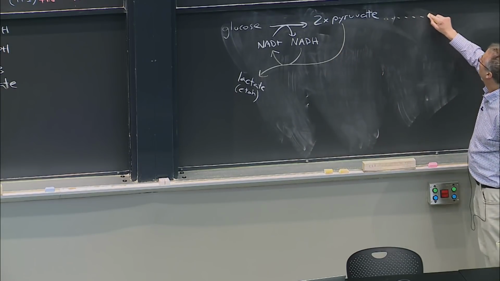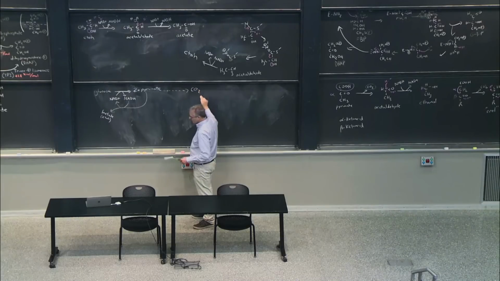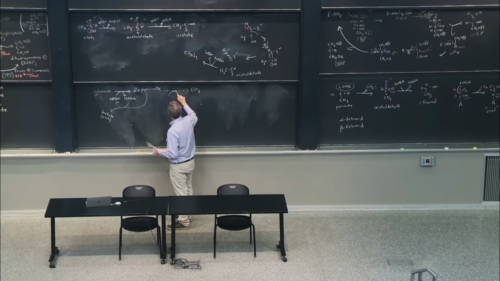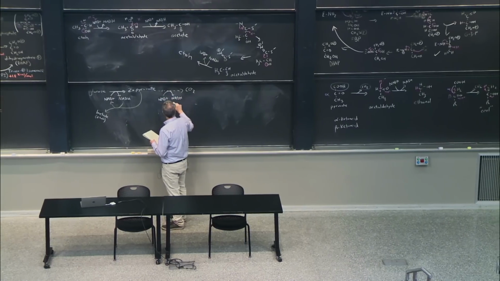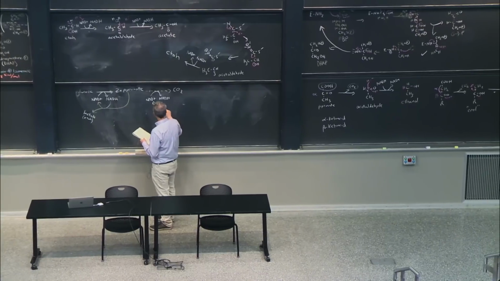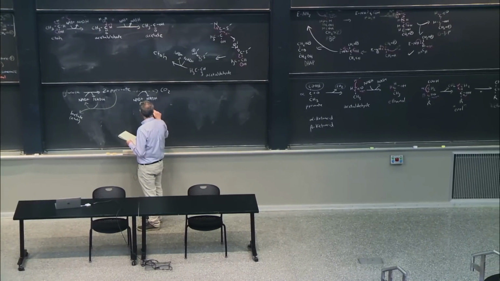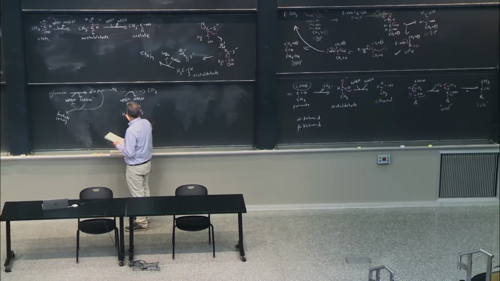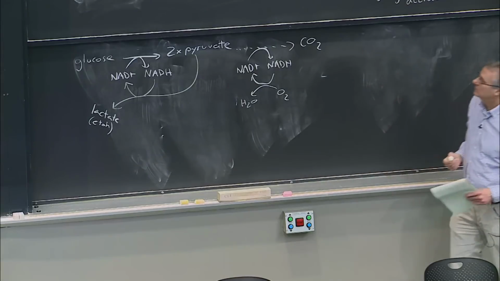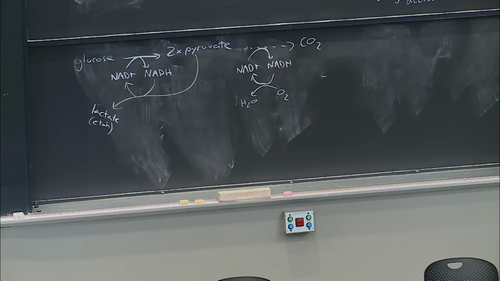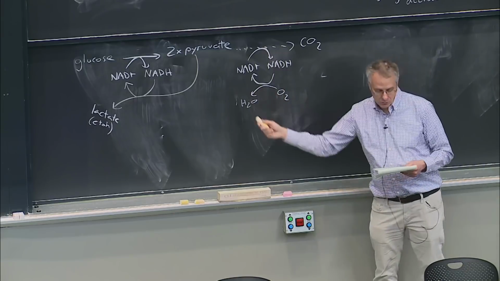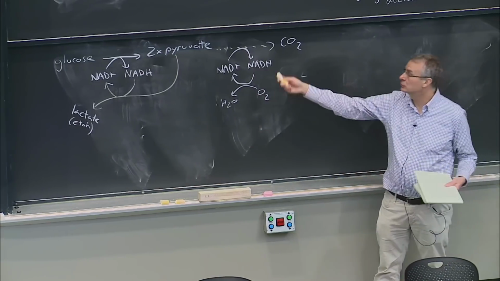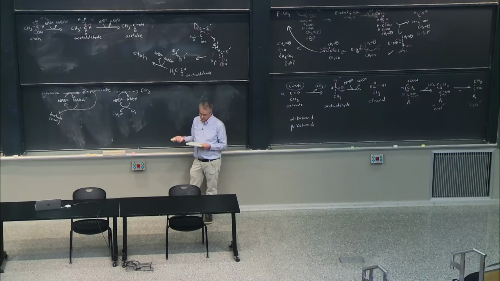However, that pyruvate can be further oxidized to CO2, but that's going to generate even more electron waste. That electron waste also has to be dealt with, and that requires oxygen or some other place to put those electrons, oxygen to water being a major driver of further oxidative metabolism.